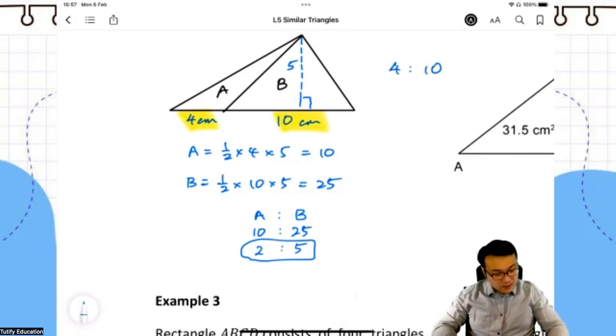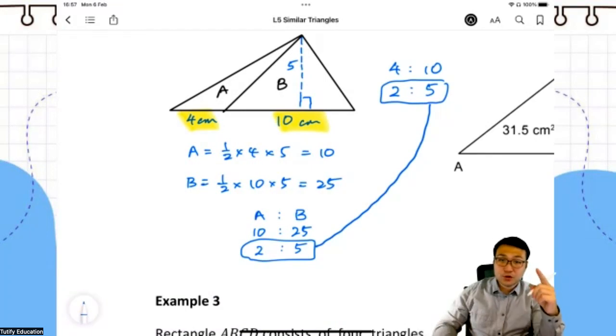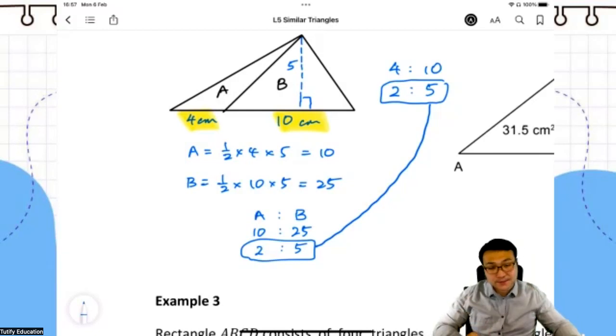You simplify it, divide it by 2. 4 divided by 2 is 2. 10 divided by 2 is 5. What do you notice about the two ratios? You notice that the ratio of the area is the same as the ratio of their base.